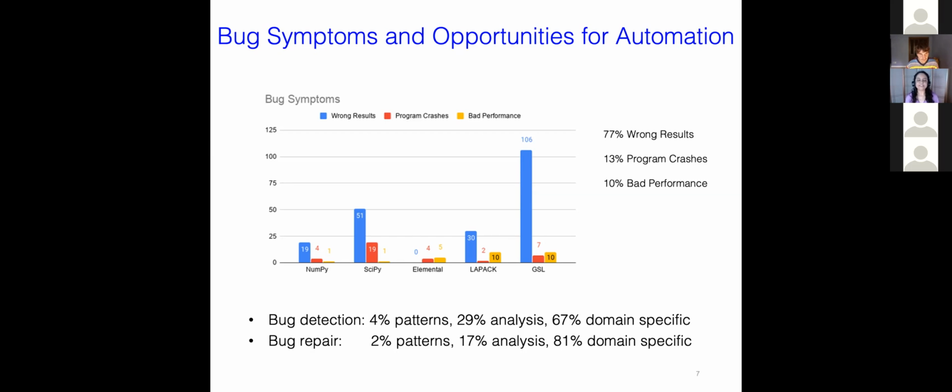Analysis refers to bugs that could potentially be detected or fixed automatically after non-trivial analysis of the code, such as tracking the propagation of special values or estimating round-off errors. And then finally is domain-specific, which means that domain-specific knowledge is required to detect or fix the bugs, in our opinion.